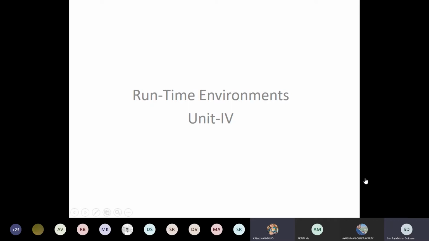Now we're going to talk about the most important things when the program runs as a process. The program is going to run in the main memory, and when it runs there, it needs some space. It needs other associated activities which are very important for it to run.